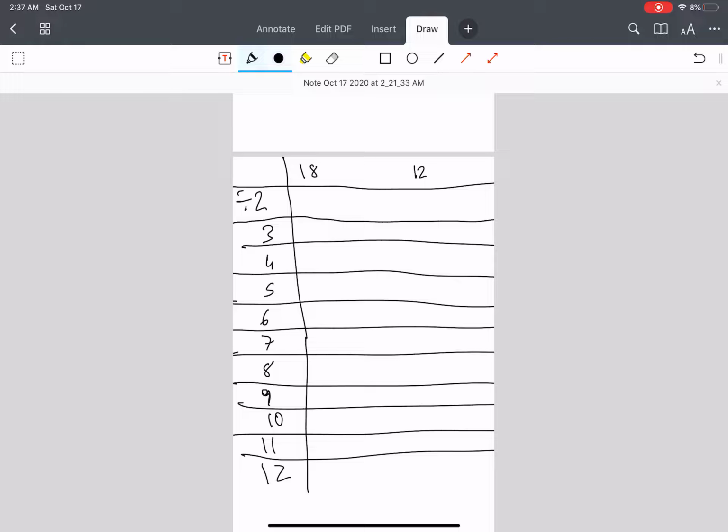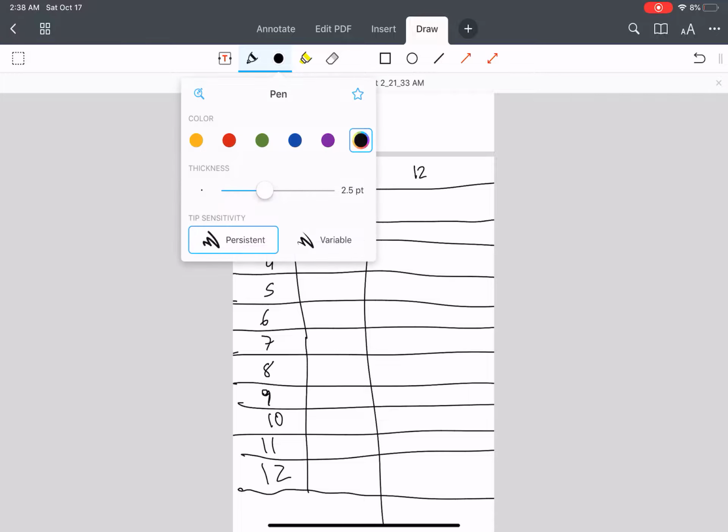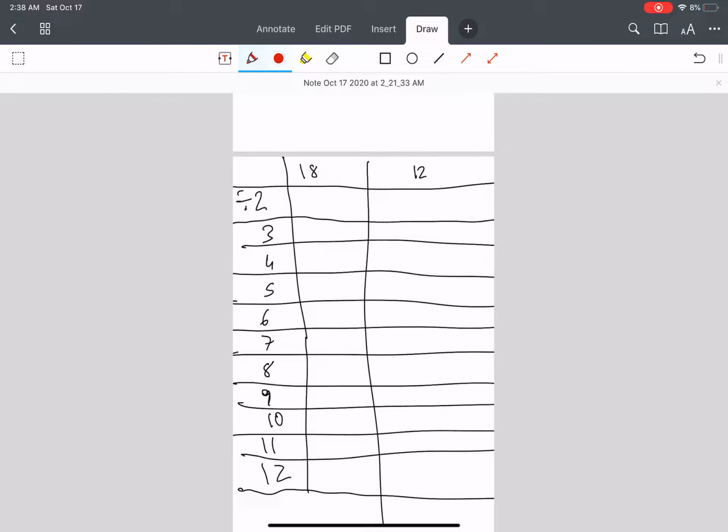There is no number greater than 12 that can divide 12, therefore 12 is the maximum. Okay, let's try. 18 divided by 2 is 9. 18 divided by 3 is 6. 18 divided by 4 is 18 over 4, a fraction.